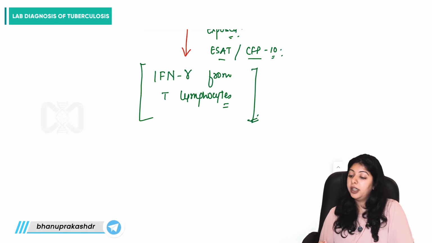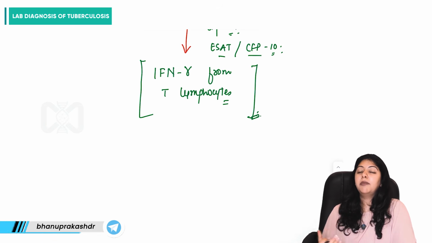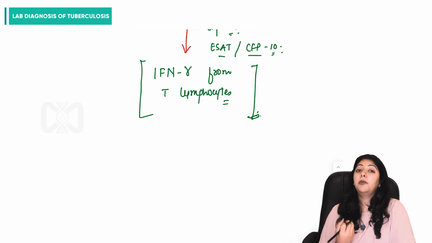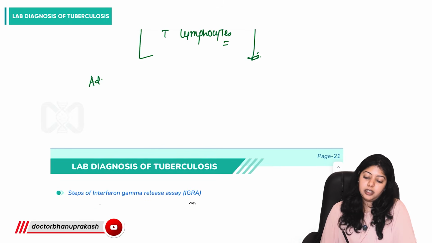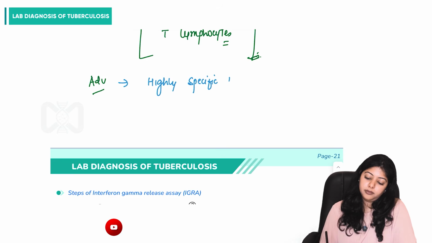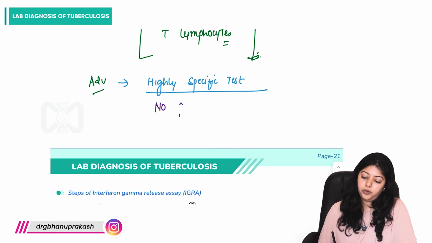So this is detecting the latent TB which is not at present manifesting, right? This has an advantage that it is a very highly specific test, and no false positives are possible.